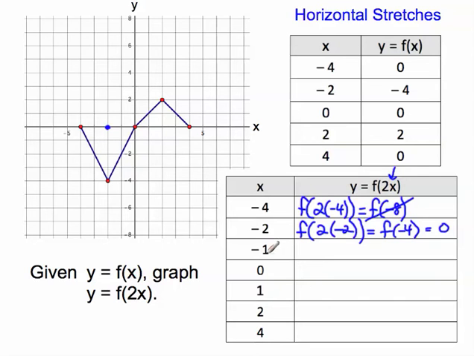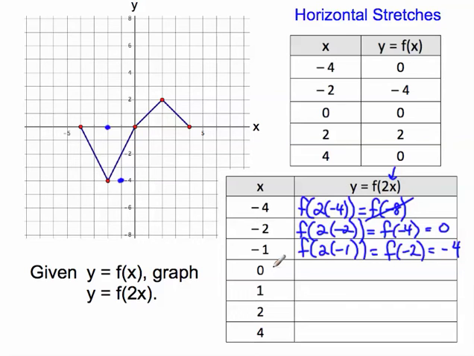Now for x is equal to -1, we're looking for f of 2 times -1 is equal to f of -2, and looking above we see that f of -2 is equal to -4. So when x is equal to -1 on the new graph, we get -4 as our y value. So that's going to be there.